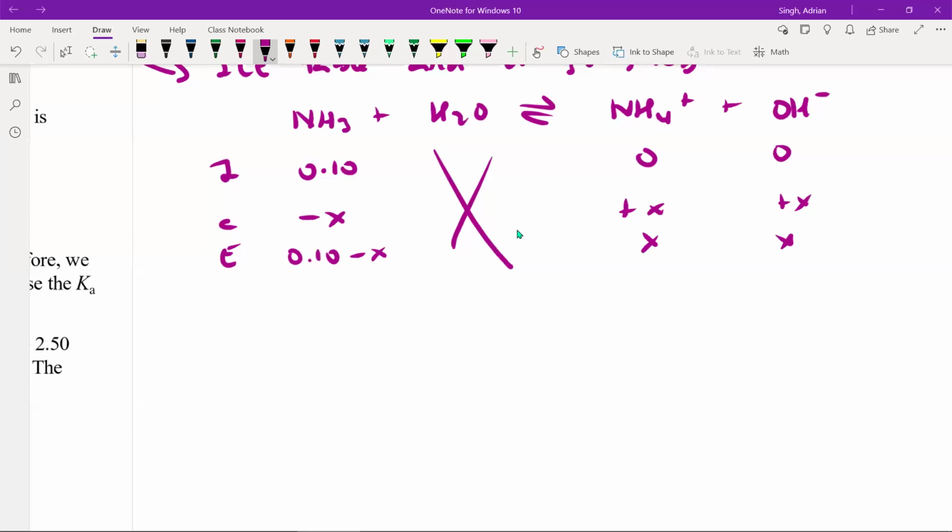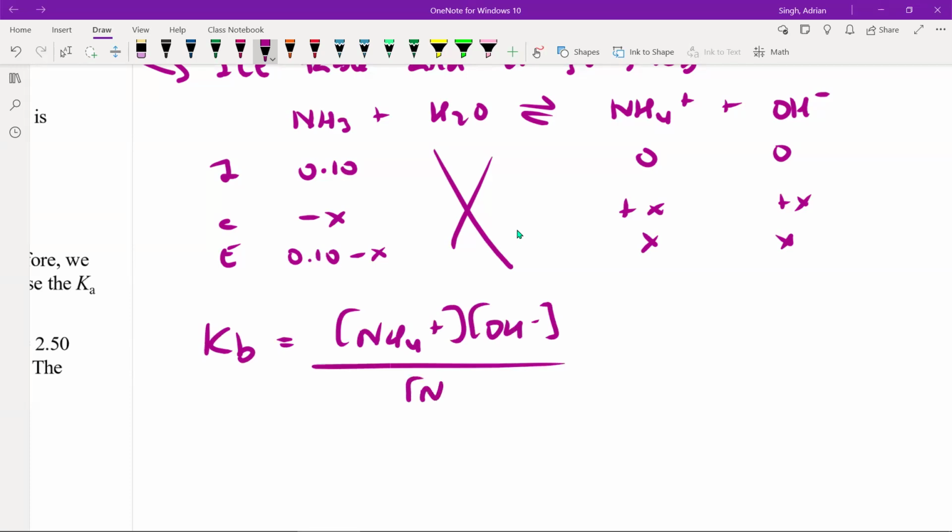Remember, because this is NH3 acting as a base, this is going to be our Kb expression: NH4 plus times OH minus divided by NH3. The Kb for ammonia, if we solve for it using the Ka for the ammonium ion, is 1.8 times 10 to the minus 5.